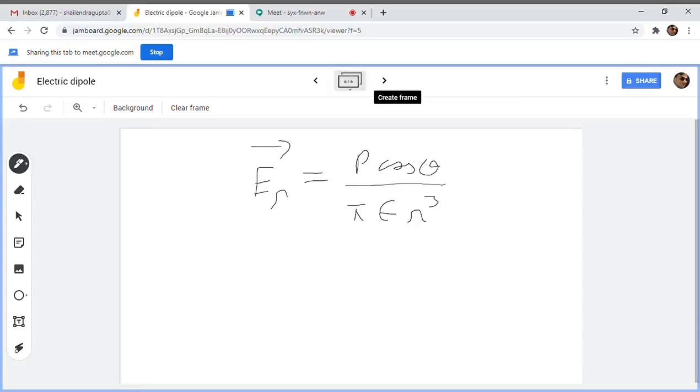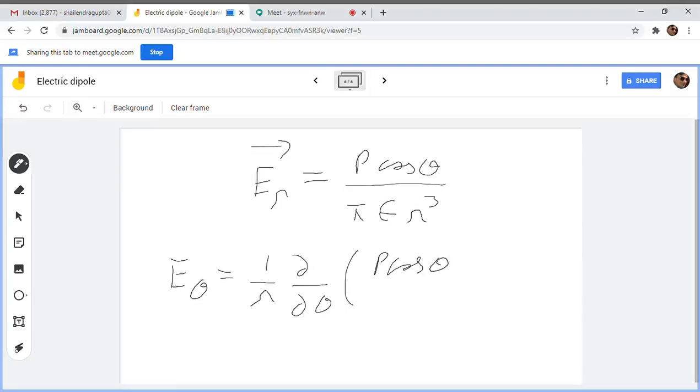Okay, then let us find E theta. So what will be E theta? E theta will be 1 by R del of del theta, and what is this? This is p cos theta upon 2 pi epsilon r square.